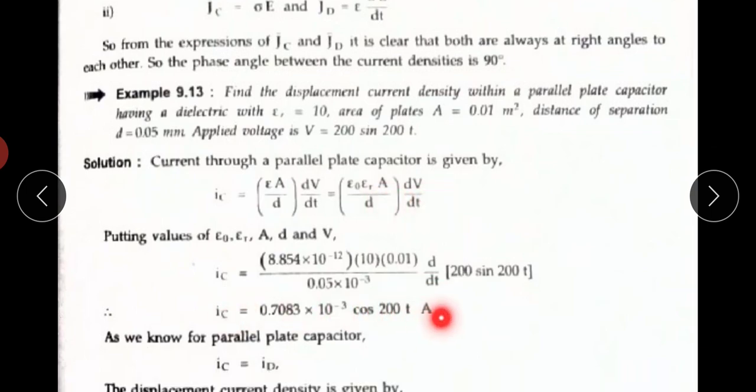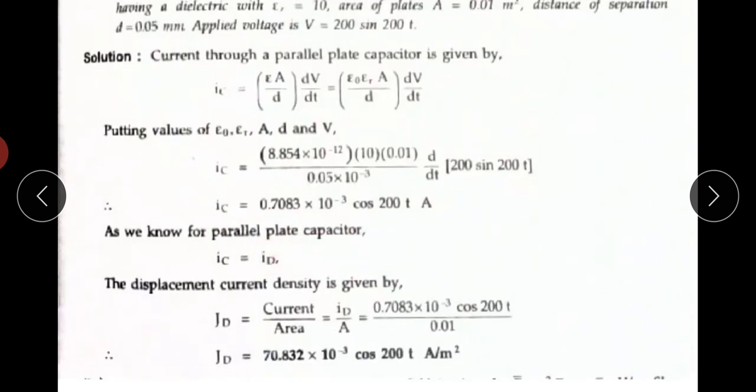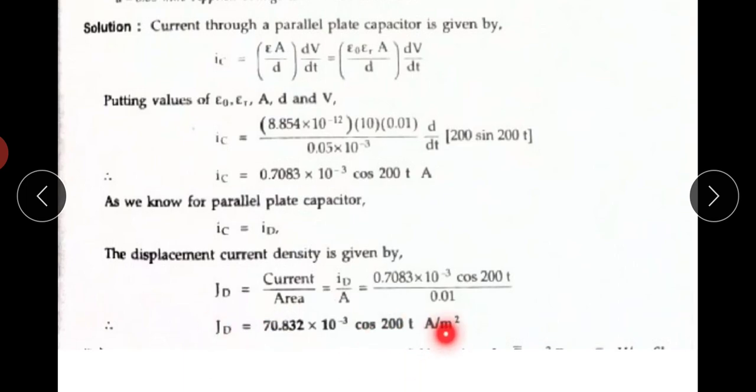So this equals displacement current ID. Next, to find the displacement current density, current by area. So finally the displacement current density value is 70.83 into 10 to the power of minus 3 cos 200 t. So units are amperes per meter square.